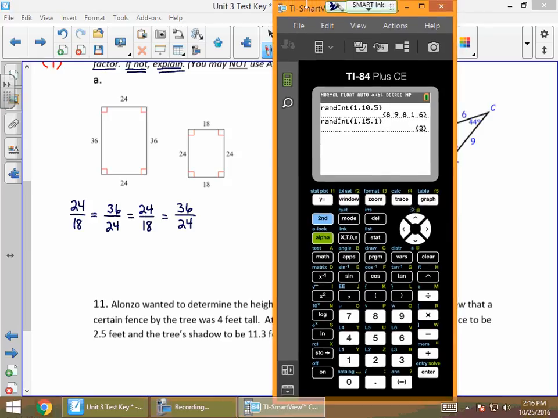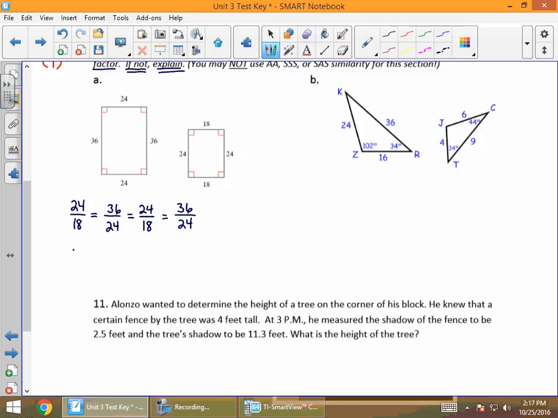Alright, so let's reduce some of these fractions. Let's do 24 over 18. That's a decimal, so I can hit math, fraction. So that is 4 over 3. Alright, if this 24 over 18 is 4 over 3, this 24 over 18 is also 4 over 3.